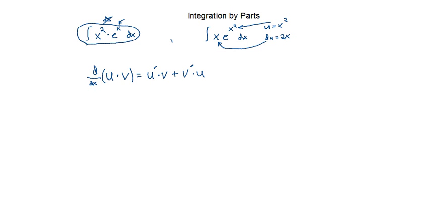We're not interested in derivatives, however. We are interested in the opposite of derivatives, integrals. And so what we're going to do here is take the integral of both sides. So we're going to take the integral of the derivative on the left and the integral on the right side. Now we've got the addition.